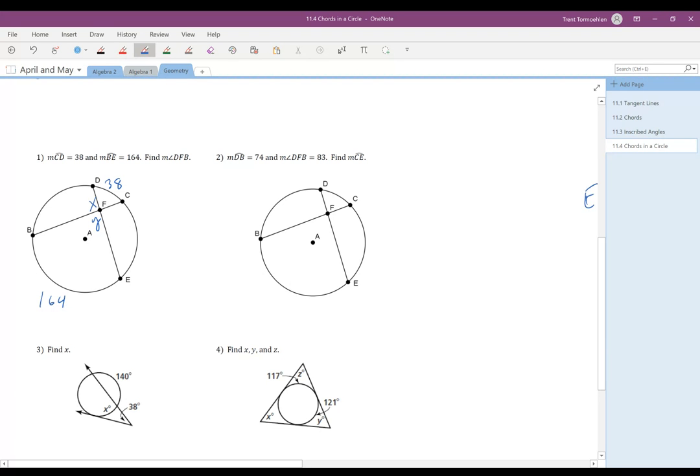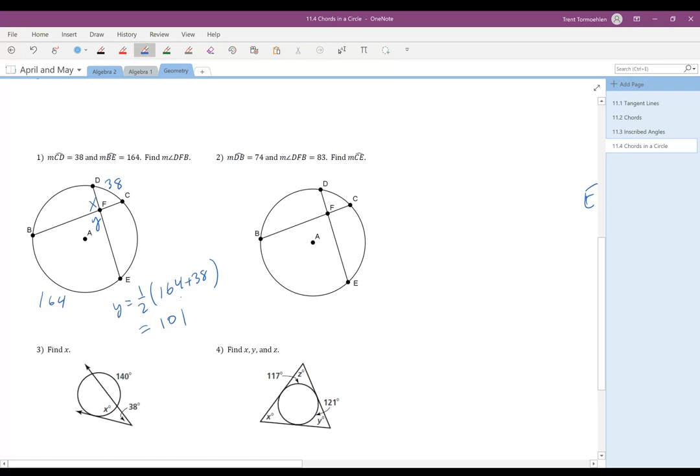So y is just going to be 1/2 times the sum. Intersect inside the circle, it's going to be the sum of the two arcs. So 164 plus 38, we've already divided by 2 by multiplying by 1/2. 164 plus 38 equals 202. 202 times 1/2 equals 101.